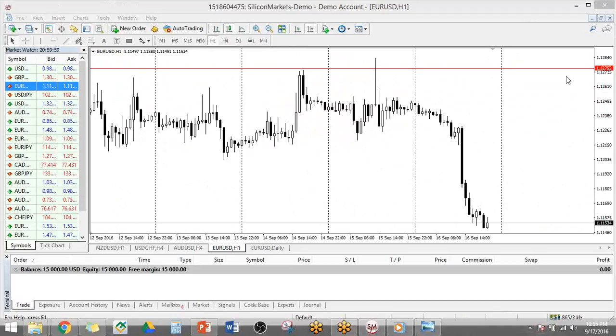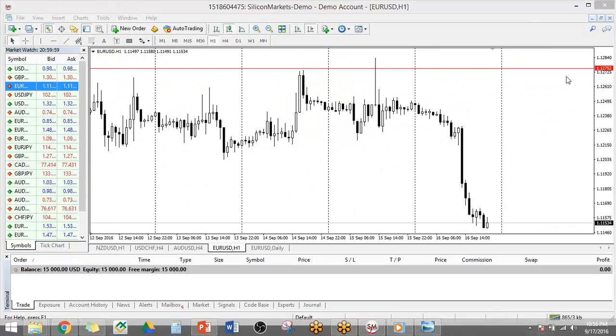Now, as a broker, they have the option to send your trades to the liquidity provider. So let's say I open the Euro USD trade, and then the broker should just send that trade to the liquidity provider. Now, brokers have something called a market maker license. A market maker license allows them to take the trades on their own. What do you mean?